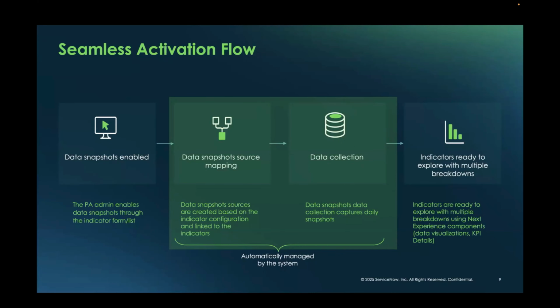And precisely, I guess the reason is that there can be a lot of collection and storage impact. But once an admin goes to an indicator and clicks the enable data snapshot button, everything from creating the backend snapshot tables to collecting the data is seamlessly managed by the system.